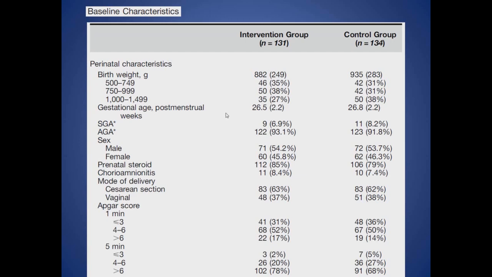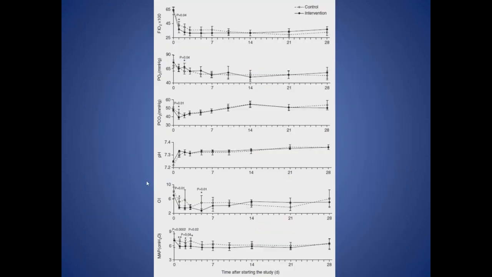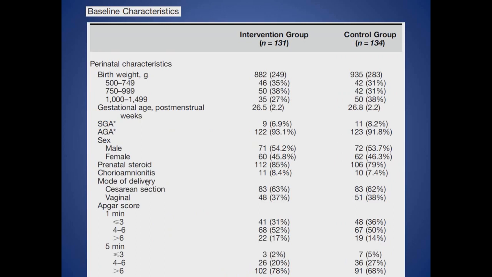This paper is already published, so if you are interested, you can open the paper and look at it in detail. Now these two groups of babies apparently have no difference in body weight and their distribution as well as their clinical data, the perinatal data, as well as the incidence of chorioamnionitis and mode of delivery.